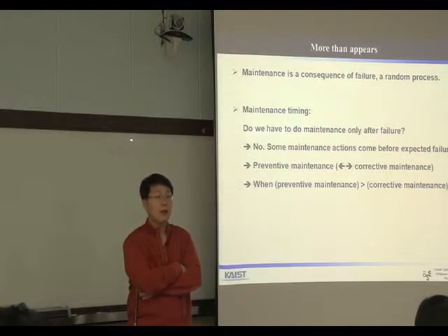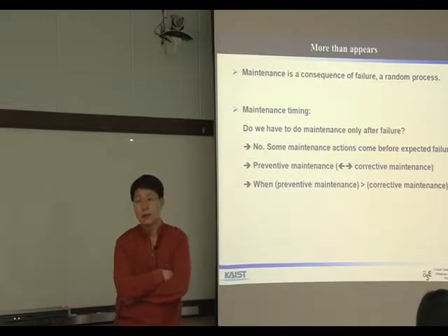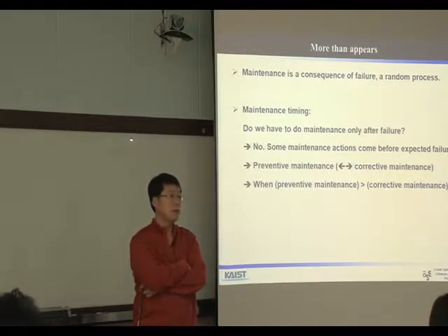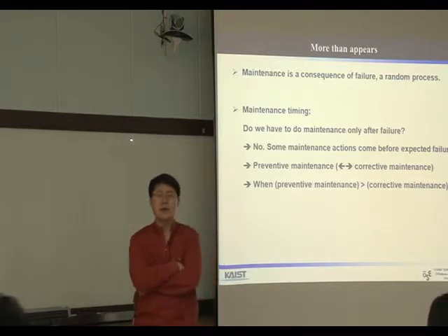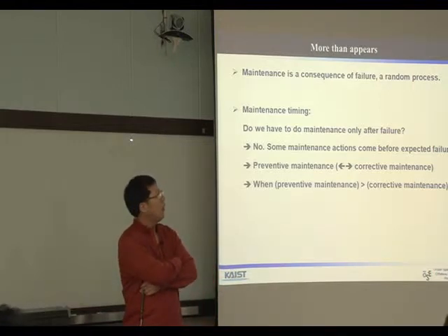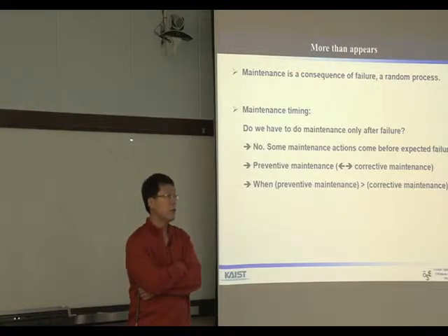Another option is that I can replace the tires of my car after every 50,000 kilometers. The latter policy is preventive maintenance. So you can expect that the safety critical elements should be maintained based on preventive maintenance.